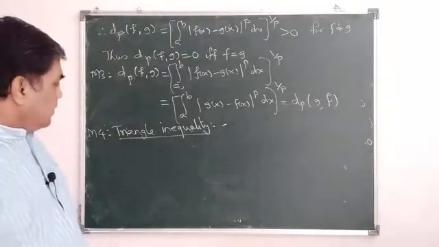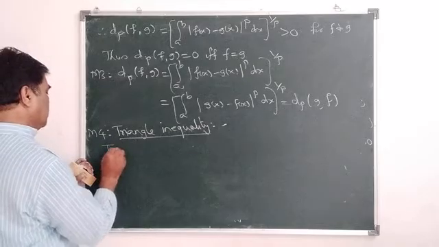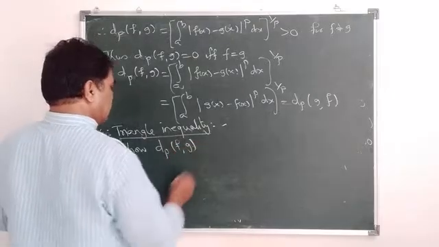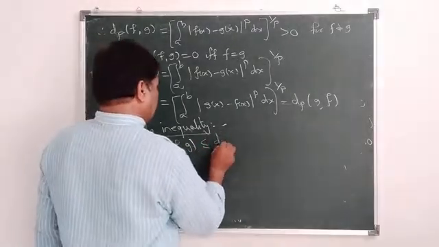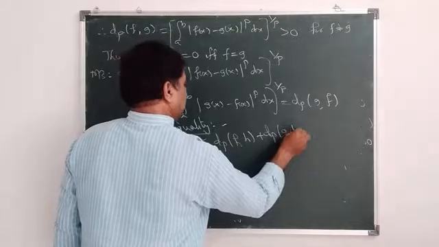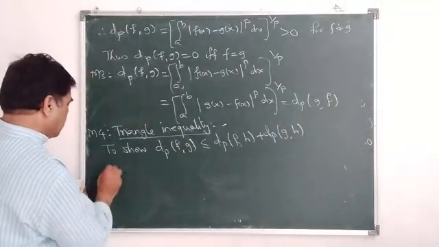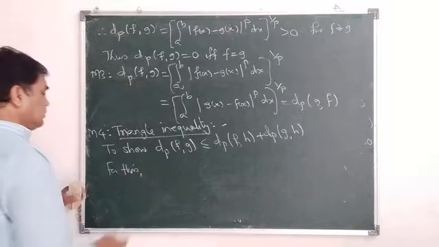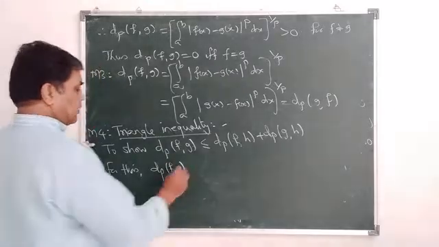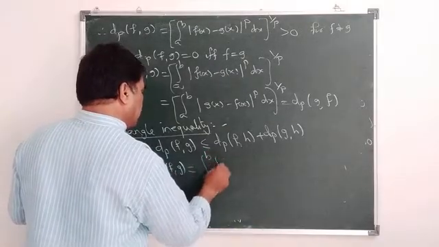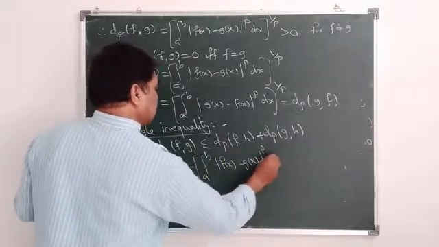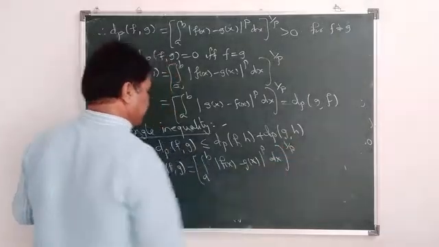M4, the triangle inequality. So to show d_p(f,g) is less or equal to d_p(f,h) plus d_p(g,h). For this, d_p(f,g) is equal to the integral of a to b of mod f(x) minus g(x) to the power p dx, whole thing raised to 1 by p.